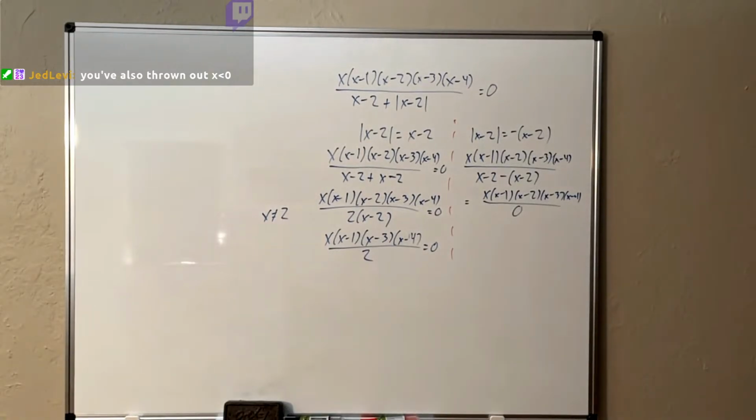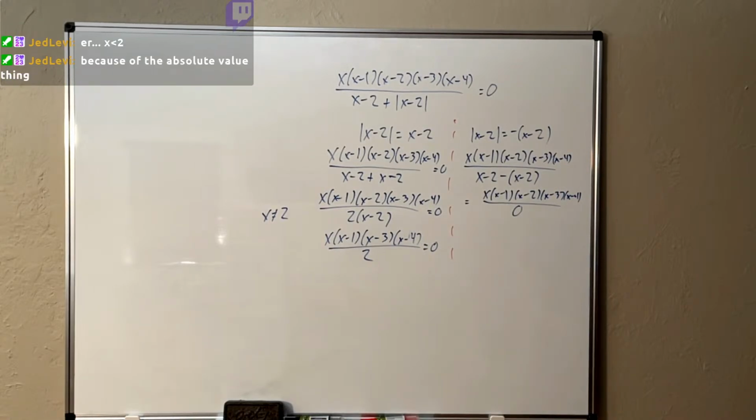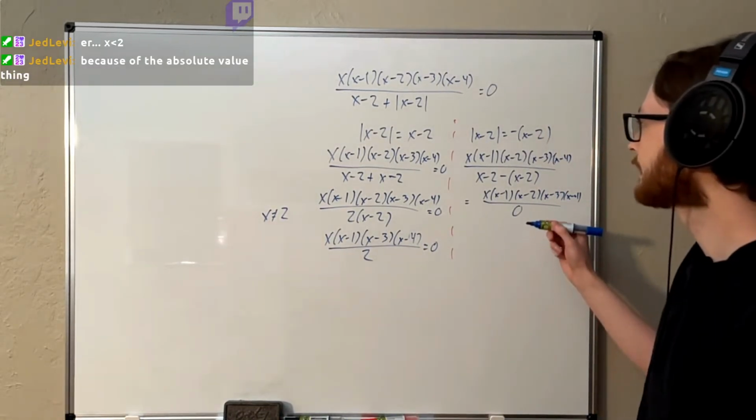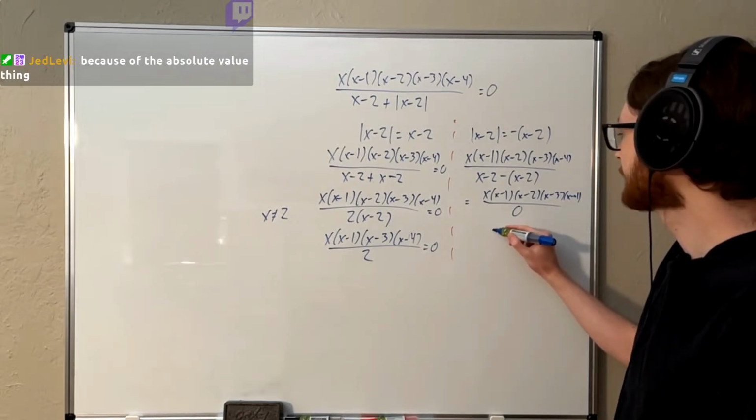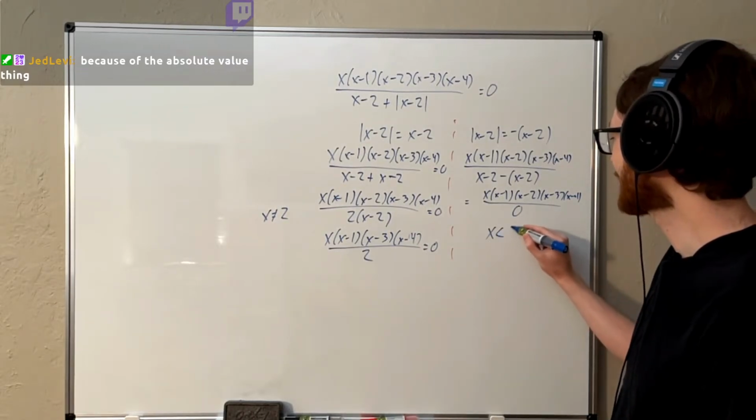If I was to throw out x less than 0, yeah, I think x less than 2 I've thrown out. Yeah, I was wondering how to express that, Jed, and I think you're right.